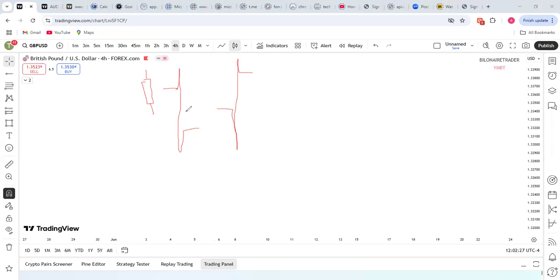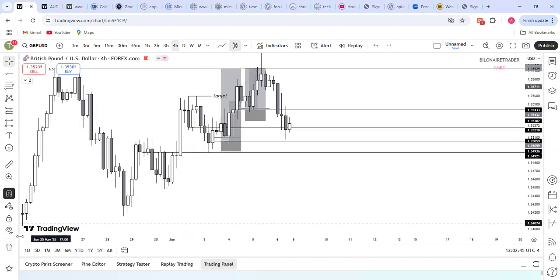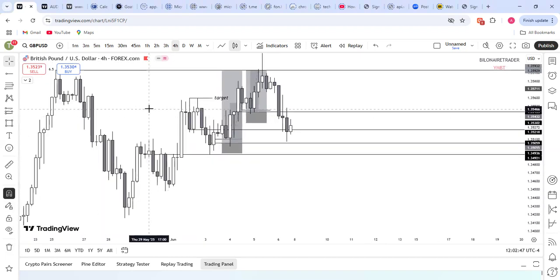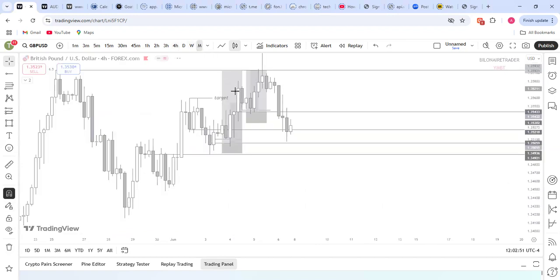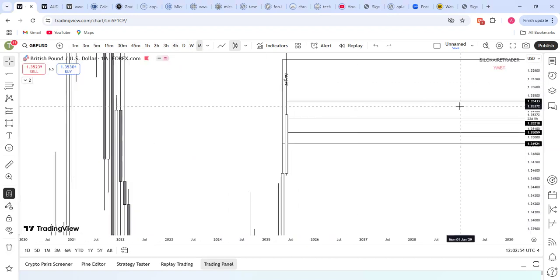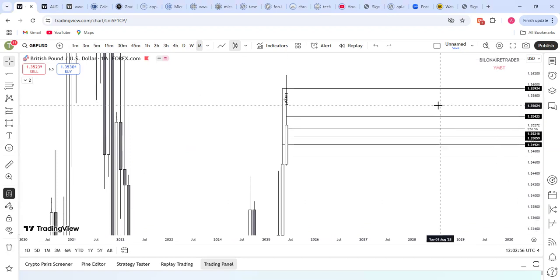So let's use last week's trade, the GBP USD trade, as a case study. Right. Let's use it as a case study, and then we can just do that as our last week recap. Right. So we are in a new month already, the month of June.